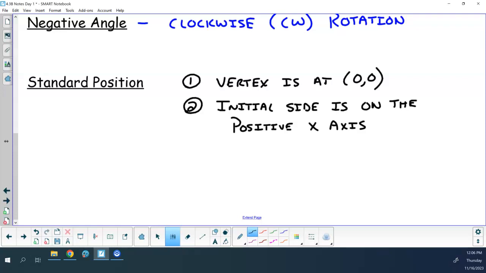Okay. So if you have your standard XY crosshair, okay, your vertex would be at the origin. Your initial side would be along the positive x-axis, and then your terminal side would be somewhere out there. If that's the case, then we start here, and we go through there to get our positive measurement. Going the other way would give us our negative.